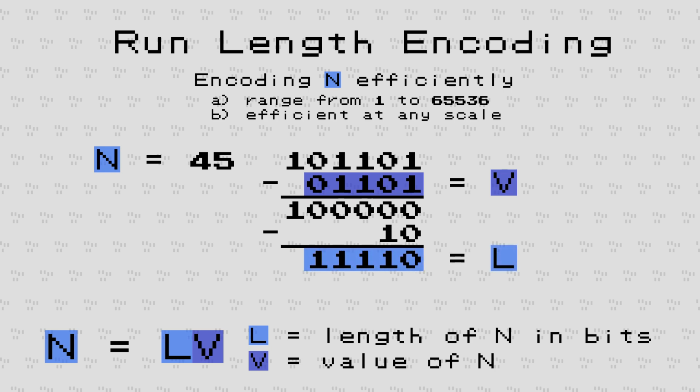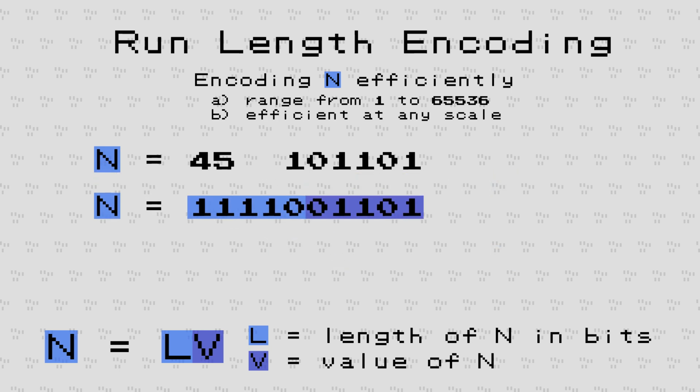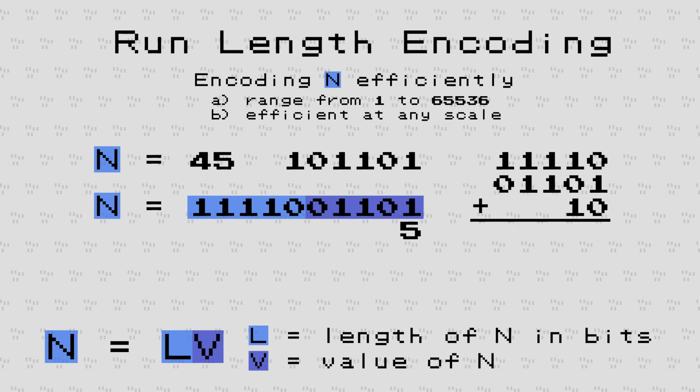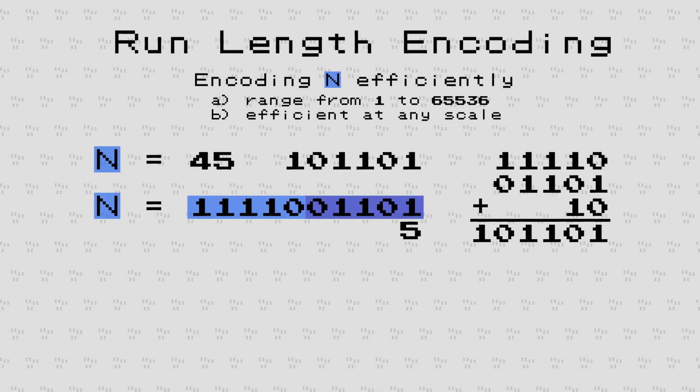The encoded version of N will just be these two strings of binary digits, L and V, concatenated together. We can use this zero-terminated string of 1s to encode the length of the number, read the same number of bits to get the value of the number, and add them together, along with the 2 we subtracted, to get the original number. This method satisfies both requirements A and B.